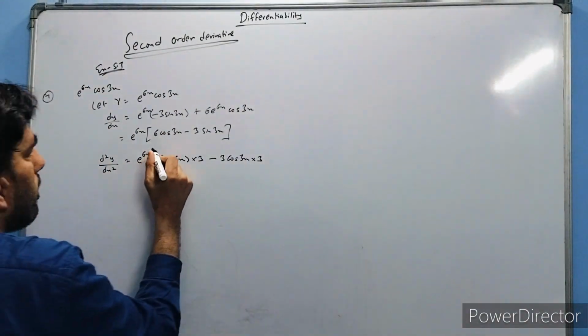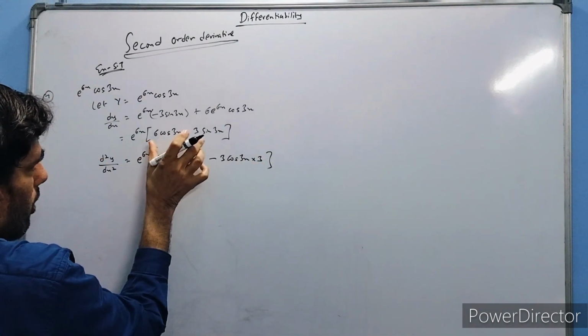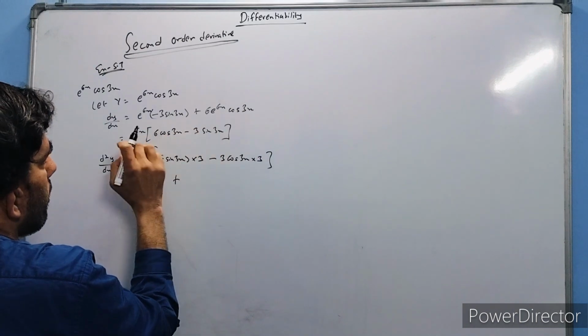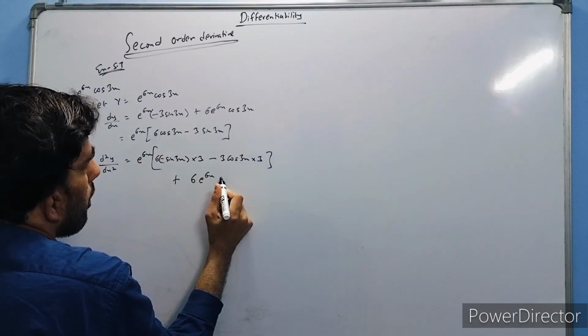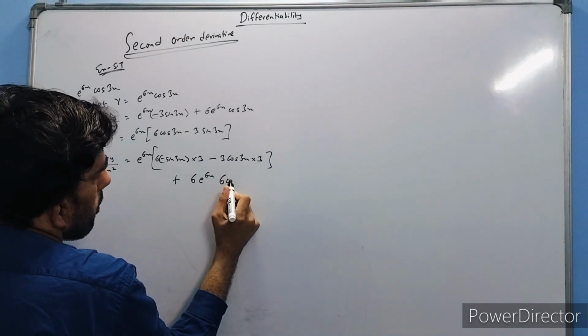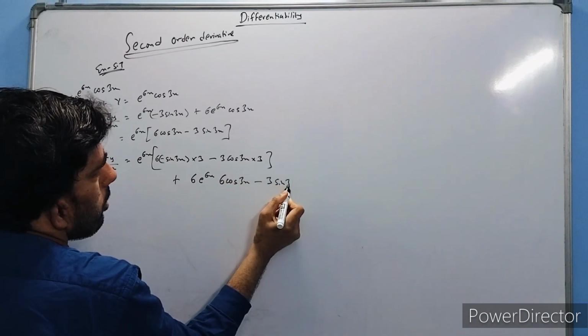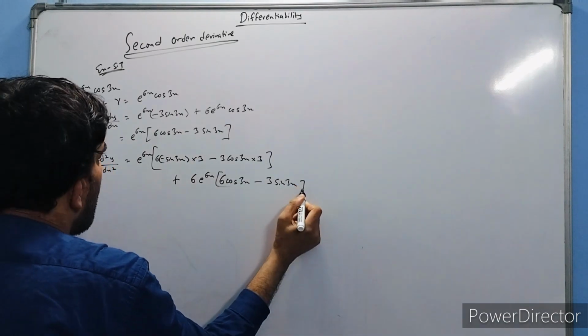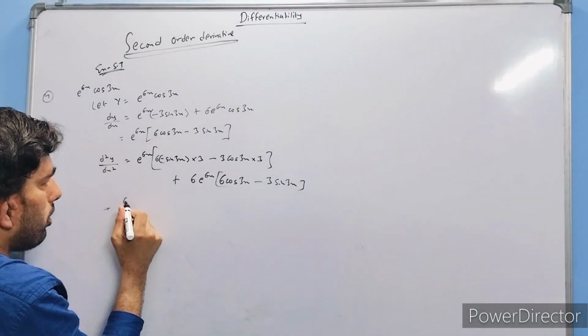So we have this. Now plus, we'll leave this and differentiate the other part. So we got 6 e raised to power 6x and we have this 6 cos 3x minus 3 sin 3x. Okay, now we'll take e raised to power 6x common.